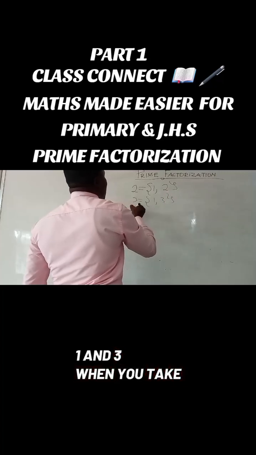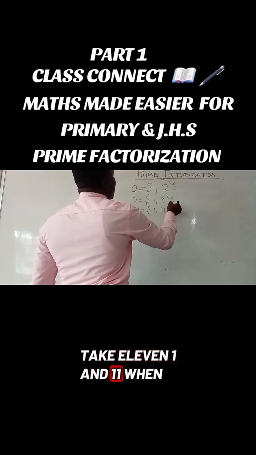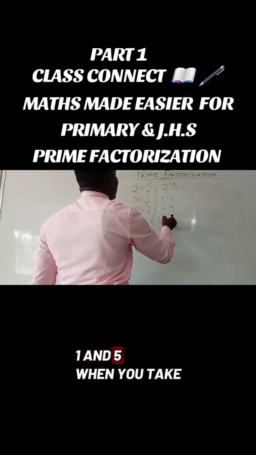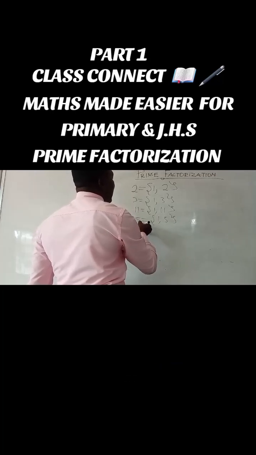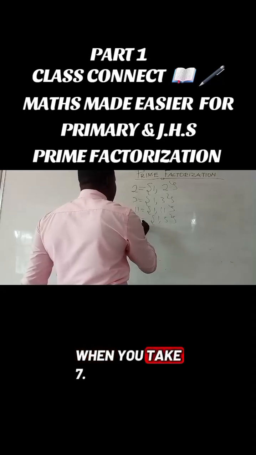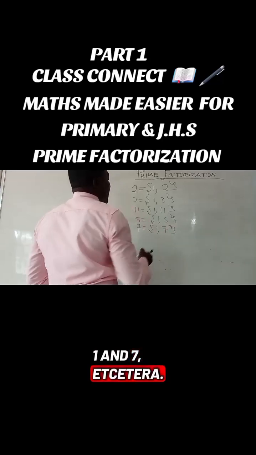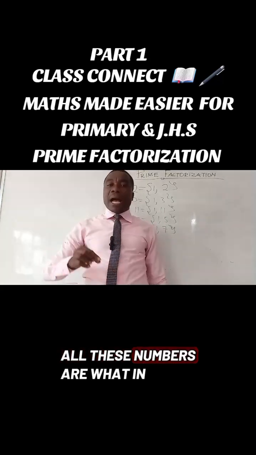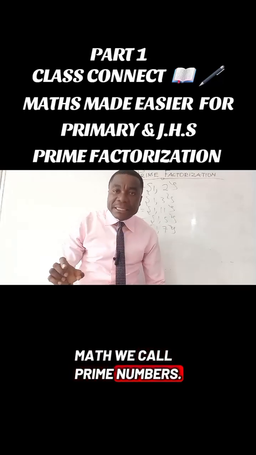When you take 11, 1 and 11. When you take 5, 1 and 5. When you take 7, 1 and 7, etc. All these numbers are what in maths we call prime numbers.